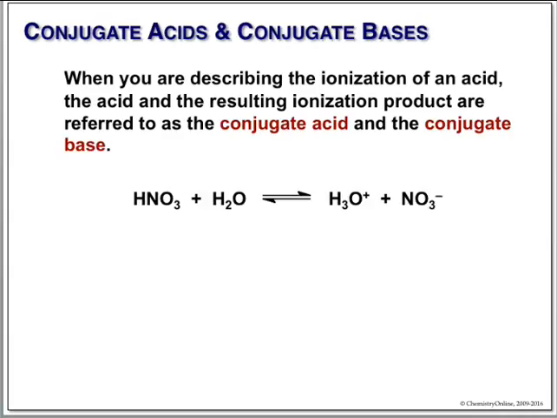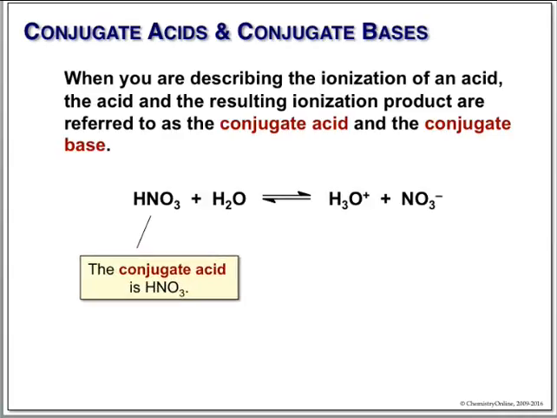It's going to lose a proton to form nitrate and hydronium. In a reaction like this, we would say that nitric acid was the acid, and the corresponding conjugate base is nitrate.